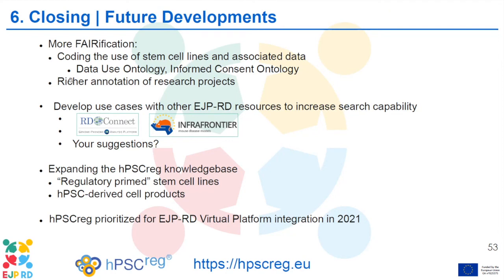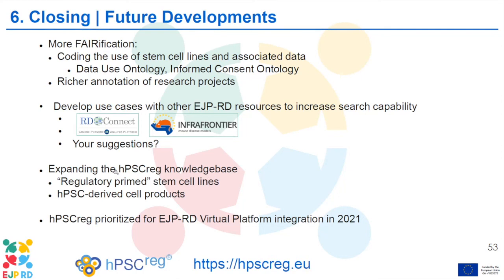So we hope to associate these research projects with a better annotation. We are going to develop use cases with other European rare disease resources to increase the search capabilities with, for example, RD Connect and InfraFrontier. And if you have any other suggestions, please let us know.